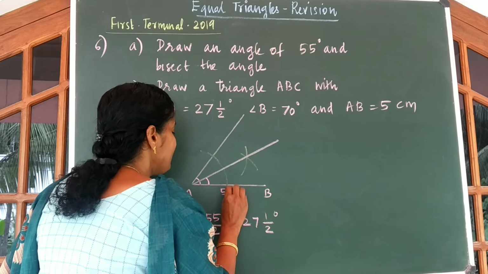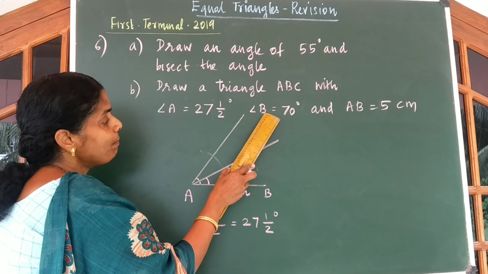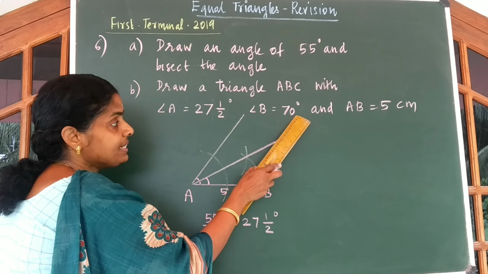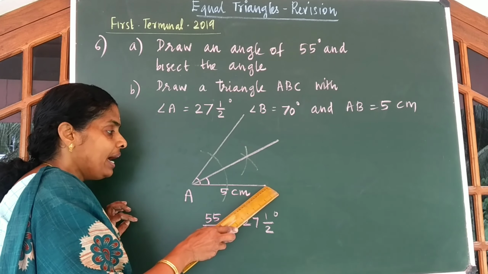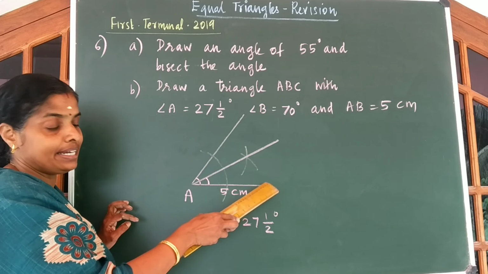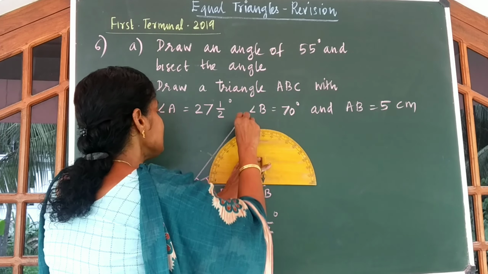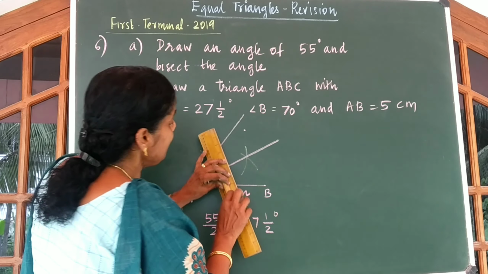This is 5 centimeter. Now angle B is equal to 70 degree. That is, at B, use your protractor and measure 70 degree. So 70 degree is here. Use your scale, join it.